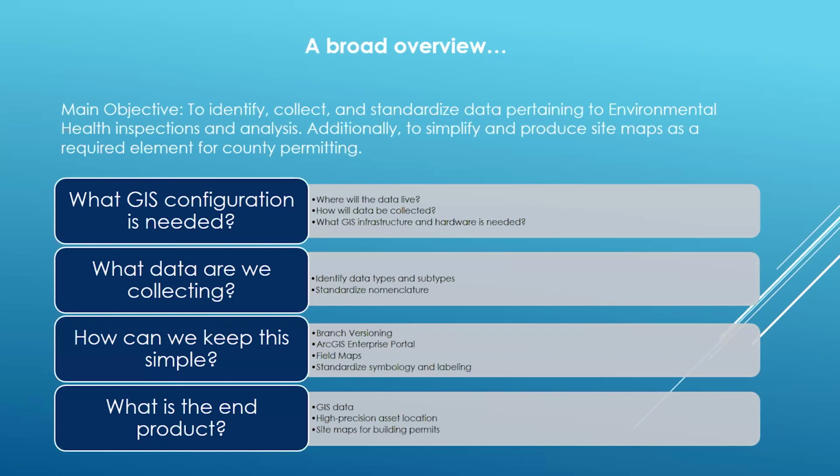What is the big achievement that they want from using Field Maps and adding and editing and maintaining all this GIS data? Well, they want site maps. They need maps to attach to permits, and as a part of the permitting process, they can attach the unique ID that they need to their forms, and it really has sped up their data collection and processing times, which has been great.